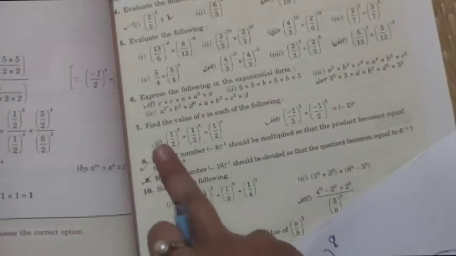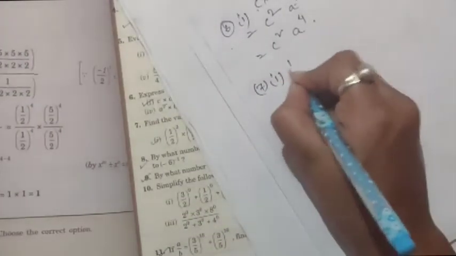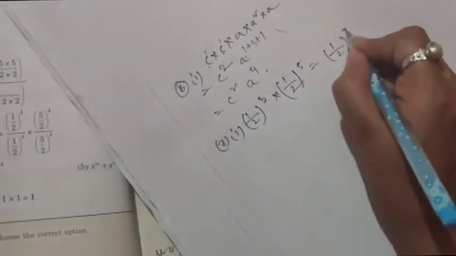Next, question number 7. Find the value of x. Question number 7.1. 1 by 2 to the power 3 into 1 by 2 to the power 5 equal to 1 by 2 raised to the power x.